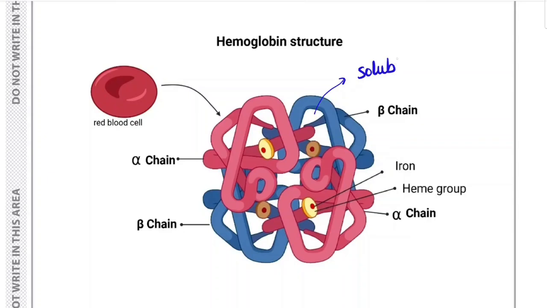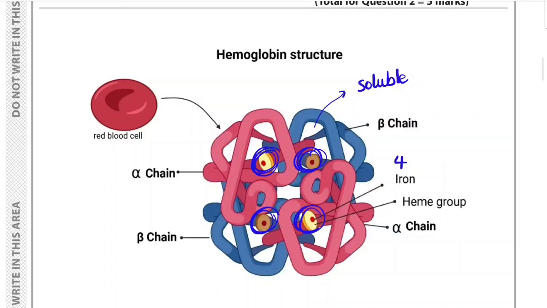So this is one point I'm gonna need to mention. It also has 4 heme groups. These are the heme groups present here, and it has 4 of them, which allows each hemoglobin molecule to carry 4 oxygen molecules at a time.